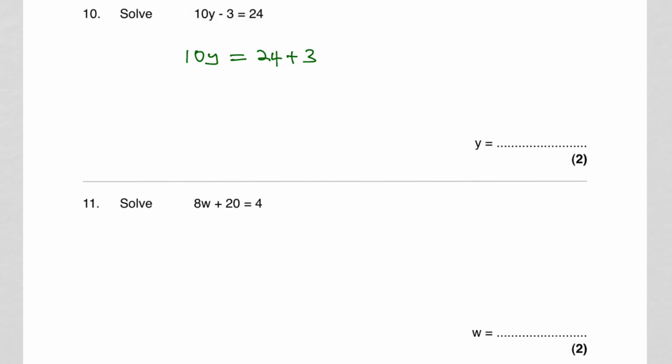And therefore, now I need to get rid of 10. So I need to divide both sides by 10. As you can see, the 10 will cancel 10. Therefore, y equals 27 divided by 10. Y equals 2.7. So that is 2.7.